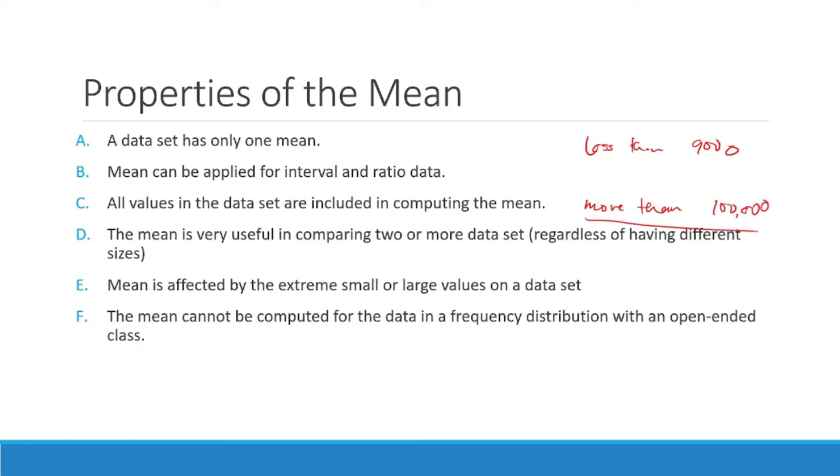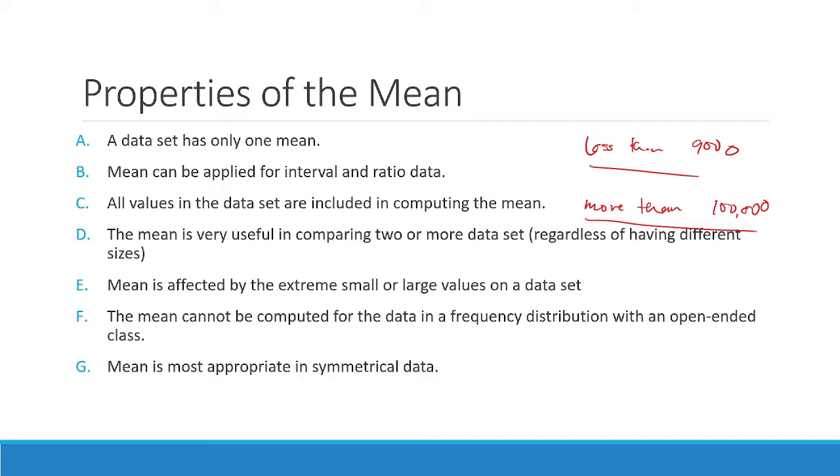So for this type of data, we cannot actually use the mean. Kasi this is what we call open-ended classes. Okay? You don't know the limit of that less than 9,000. Also, you don't know the limit of that more than 100,000. So mean cannot be applied to those type of open-ended classes.